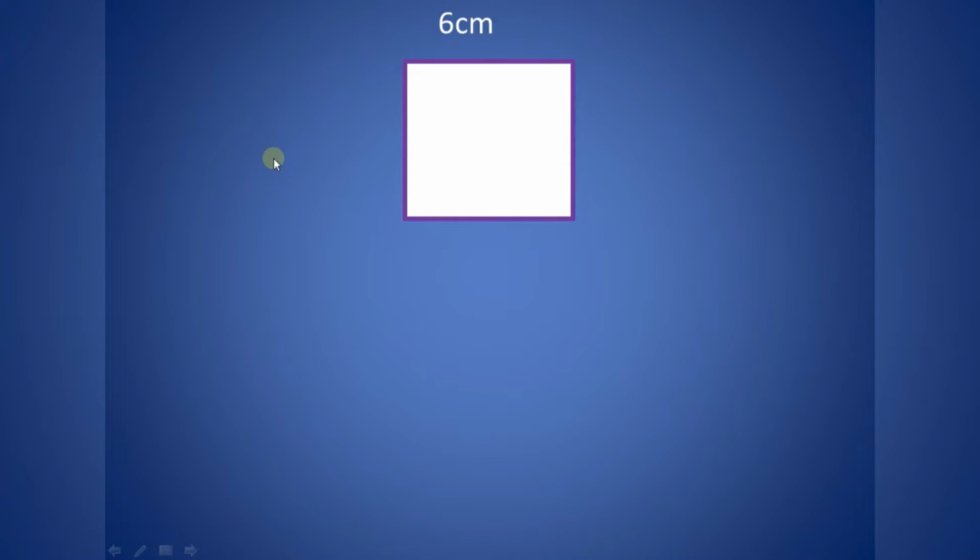Well, because this is a regular polygon, and when I say the word regular, it means that all the sides of this square are equal. So we are only given the length of one side. But because this polygon has equal sides, we know that if one side is equal to 6 centimeter, the other length will be 6 centimeter, the other section will be 6 centimeter.